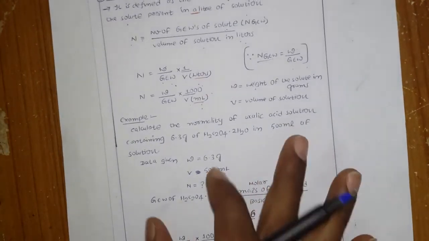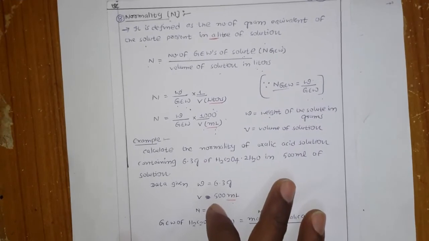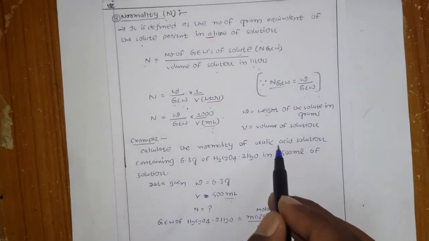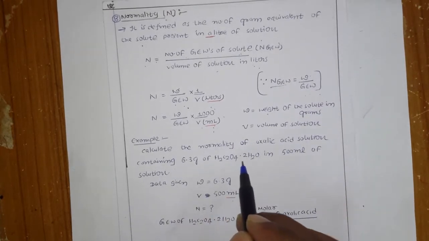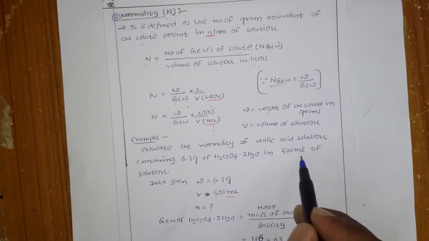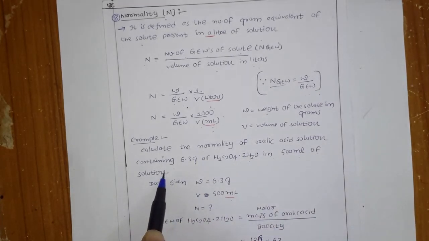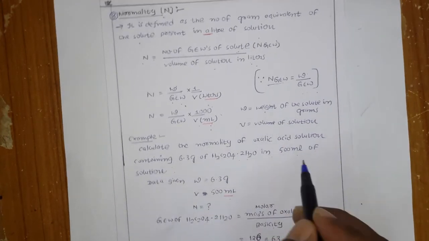Now we can see one example for normality. Calculate the normality of an oxalic acid solution containing 6.3 grams of oxalic acid in 500 mL of solution. Here the volume of the solution is given, that is 500 mL.